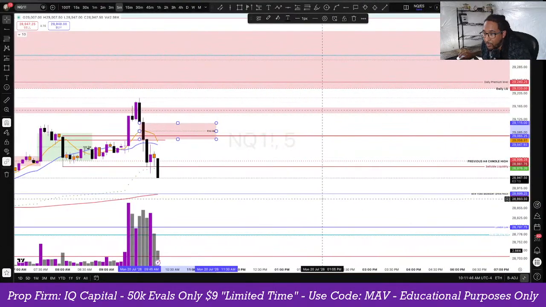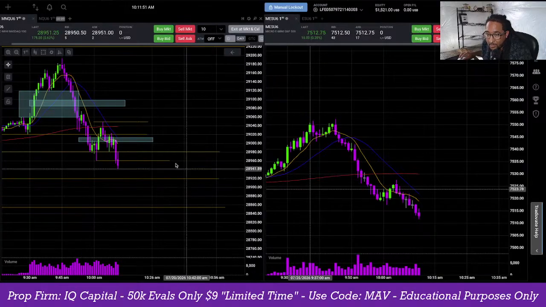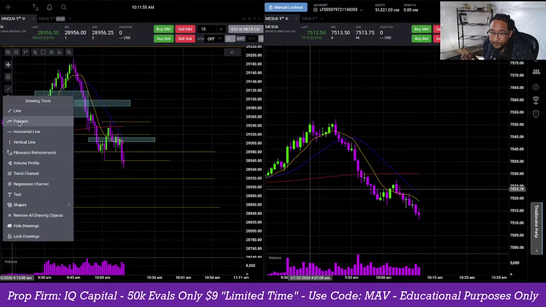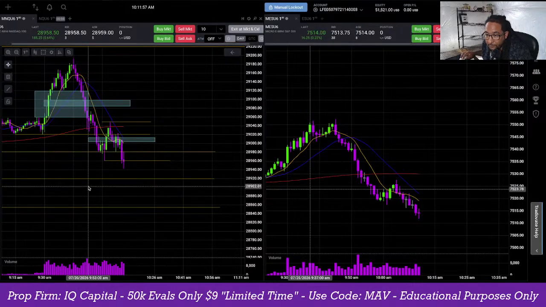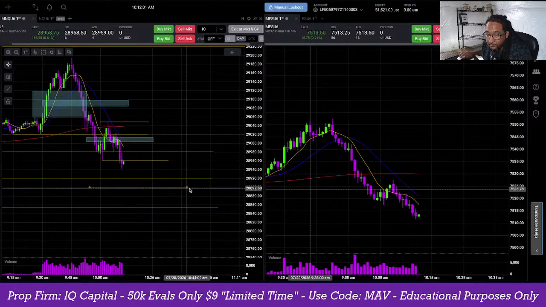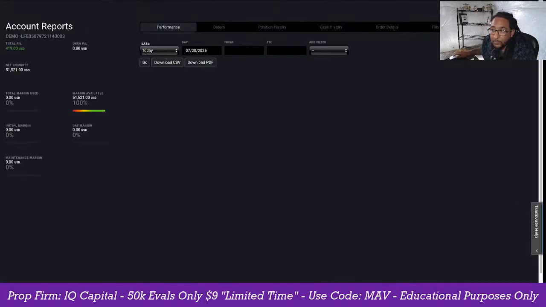We are headed towards midnight open at the 900 area, which is here. So that is also a major draw on liquidity. So we're up about 419 so far. And then there's two ways we could have done this.